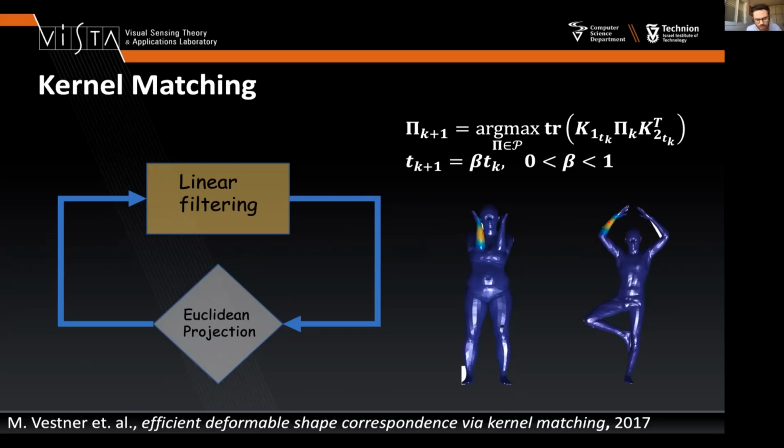Even in places where I don't have any information, or even if I have very noisy correspondence, it will be eliminated by this information from the regions where I have good correspondence. But what I paid for doing this harsh diffusion is that my correspondence is not going to be very localized. So I need to do a series of iterations where I decrease this T, I decrease the propagation time, and eventually my correspondence is going to be very sharp.